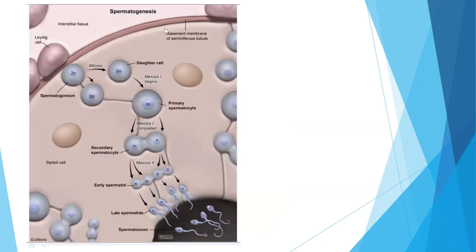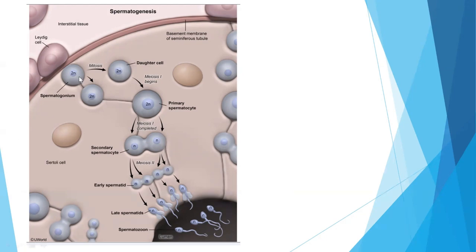So it is a tubular structure containing a lumen where there is a mature sperm. Talking about spermatogenesis, there is one spermatogonium which undergoes mitosis to form daughter cells. Mitosis means there will be an equal number of chromosomes, 2n to 2n. If there is meiosis, then that is division of the chromosomes, so 2n will become n, a single n.